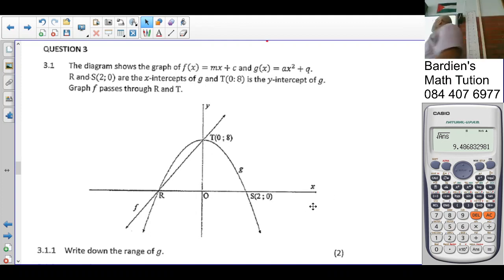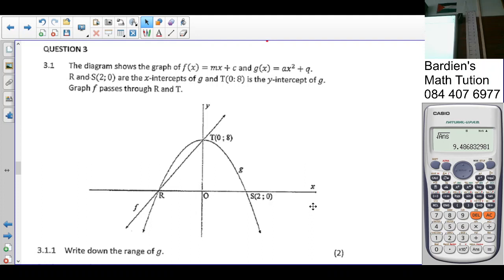So at question 3 we are told the diagram shows the graph of f of x equals mx plus c. So what type of graph is that? It's a straight line graph. And g of x equals ax squared plus q is your parabola graph.